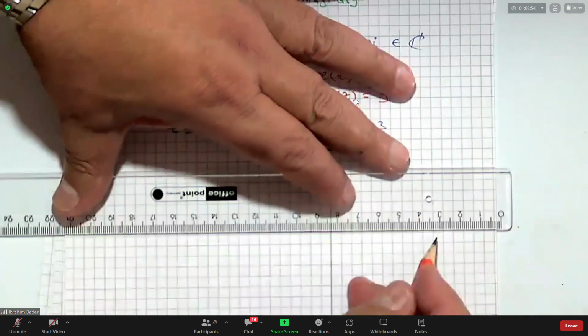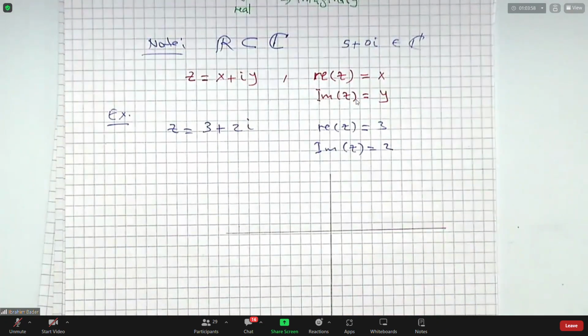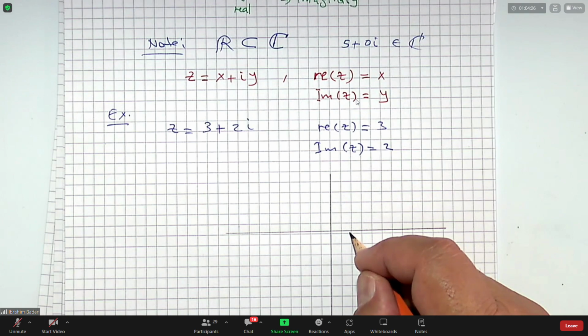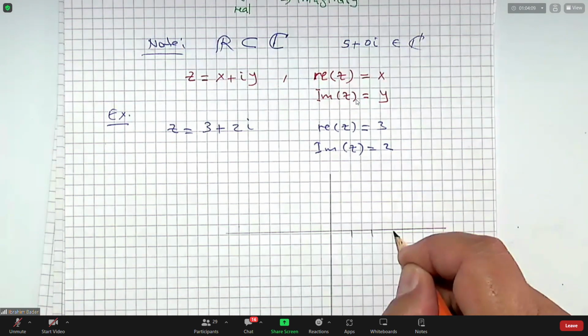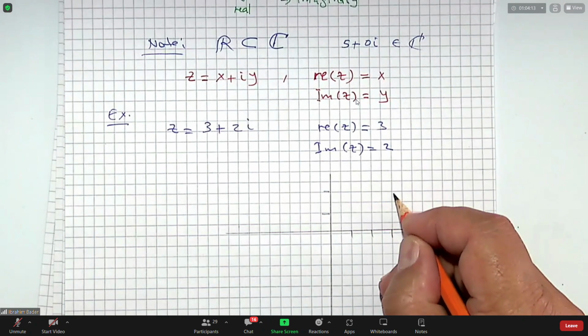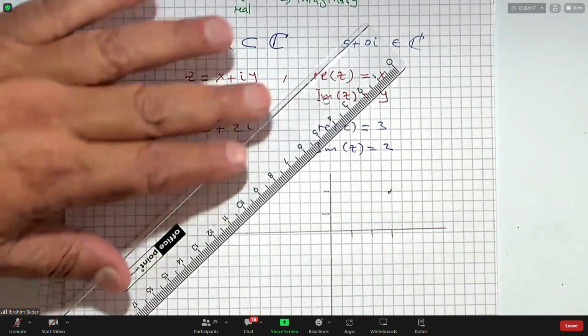So this is the difference. But at the end of the day, you have the imaginary and real component. So if this is 1, 2, 3, and this is 1, 2, then this number here is just 3 and 2.